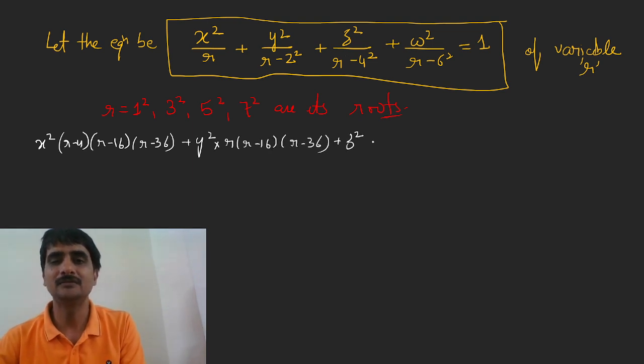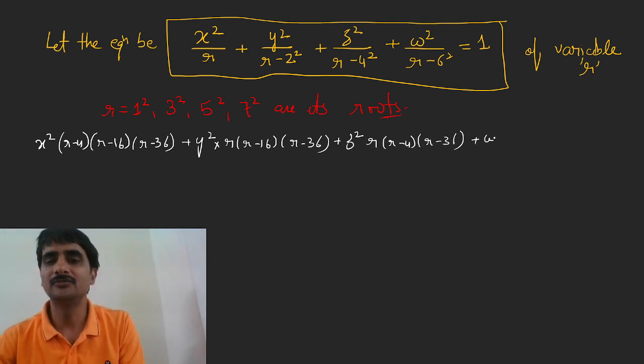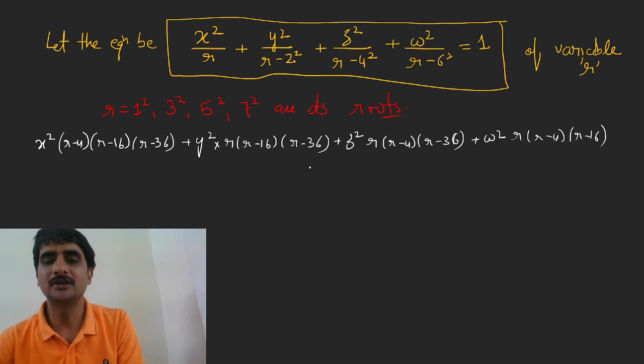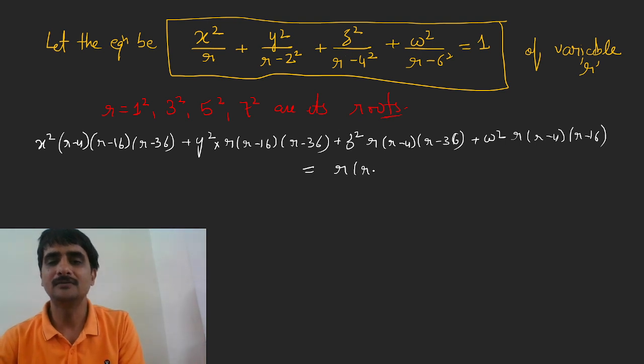Z square into, similarly, r, r minus 4, r minus 36. W square into, similarly, r, r minus 4, r minus 16 is equal to r into r minus 4, r minus 16, r minus 36.